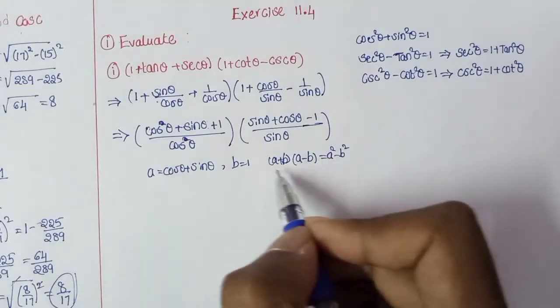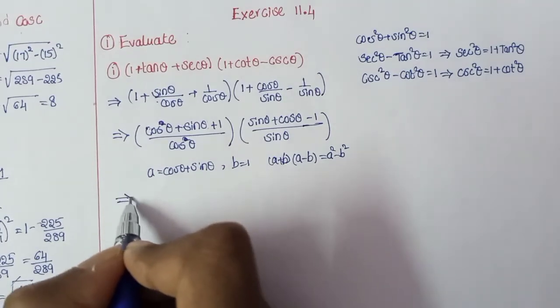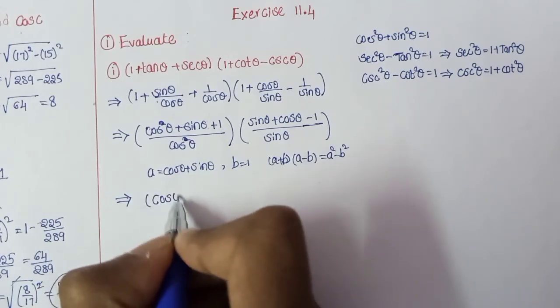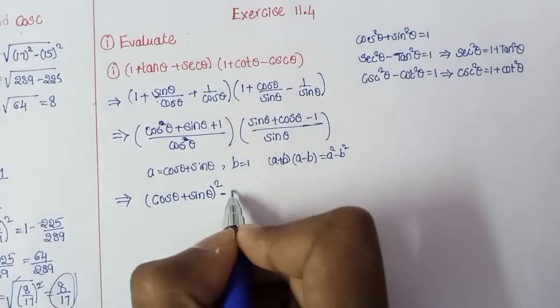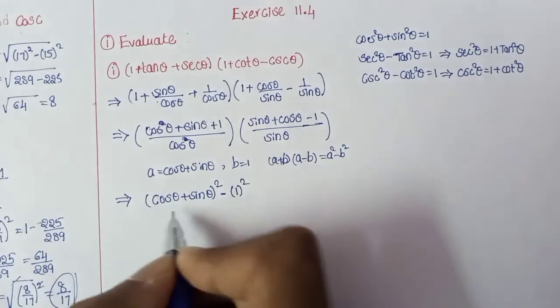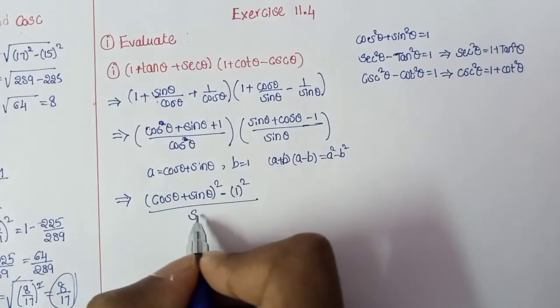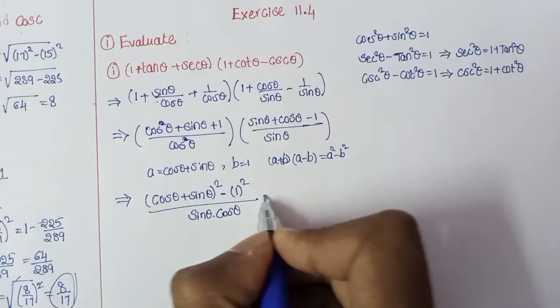We know this is one of the identities in algebra. So A is cos theta plus sin theta, whole square minus 1 square, divided by, in the denominator, direct multiplication, that is sin theta into cos theta.